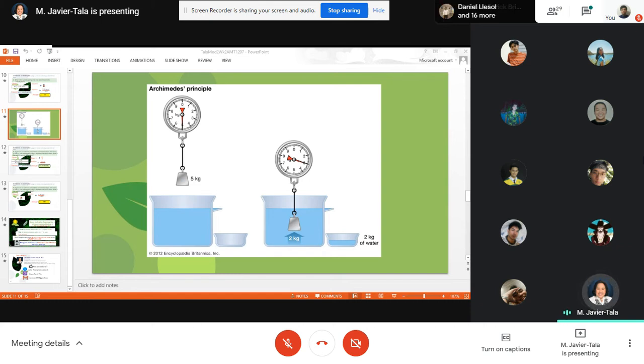But when you submerge it in water, its mass becomes 3 kilograms because the 2 kilograms is being buoyed upwards by your water. And that buoyant force that pushed your object upward also caused the water to overflow. And that overflowed water is equivalent to that buoyant force, which is 2 kilograms of water.